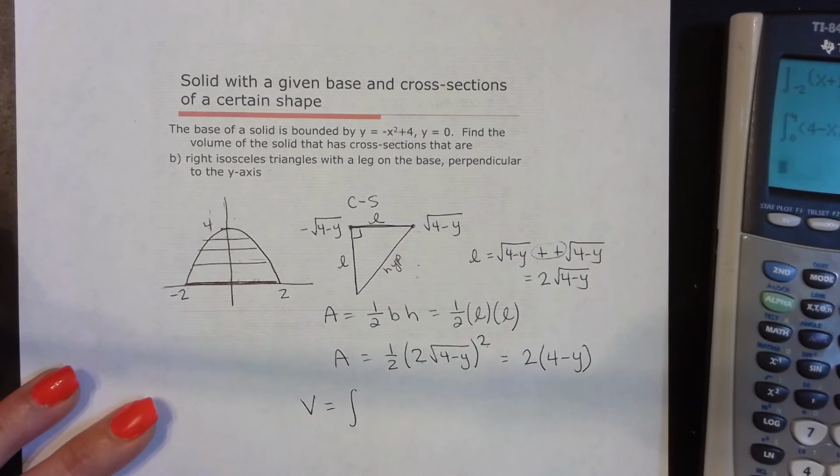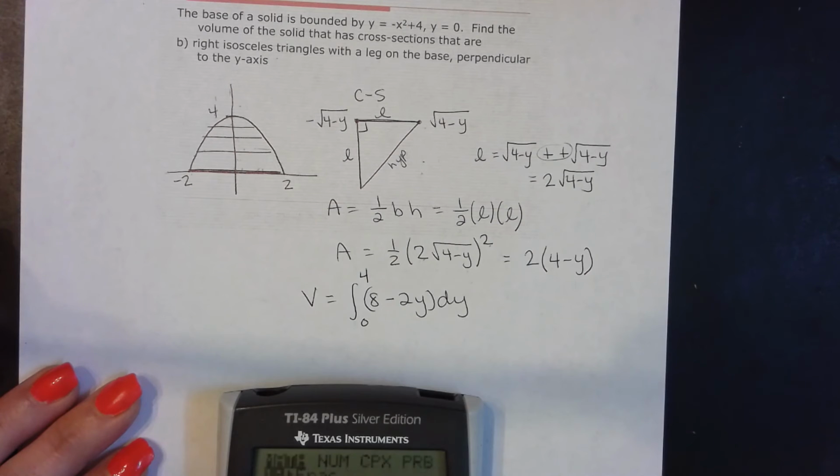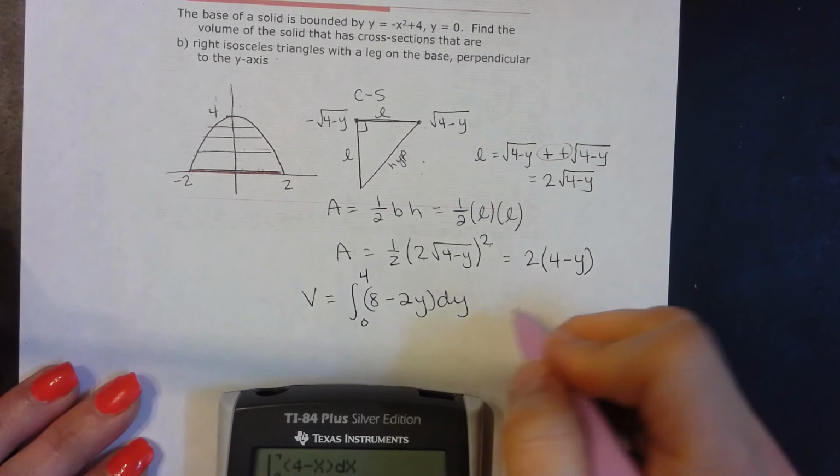My y values again go from 0 to 4. And so I can put this in my calculator. And I get 16. Okay? Hopefully that helps. I do have one more example.